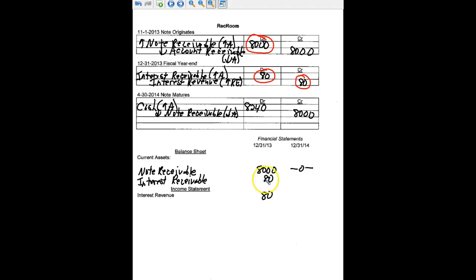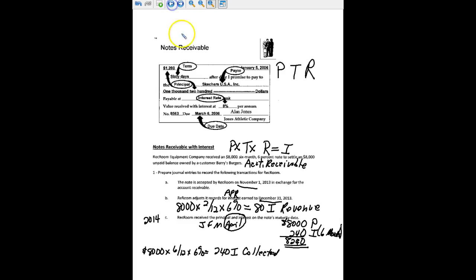Now we also had $80 in interest receivable. So let's go back and think about this $240. 80 of that applied to last year. Last year we earned 2 months. This year we're going to earn the other 4 months of interest. So if I were to solve for that, that would be 8,000 times 4 out of 12 months, 6%, which is $160.